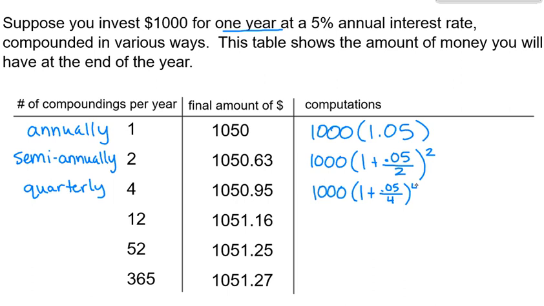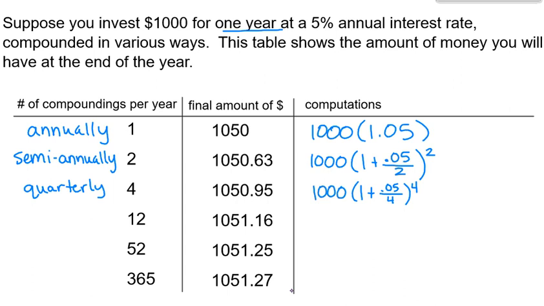So I'm going to raise that to the 4th. That's $1,050.95. So still only 1 year, still starting with $1,000, still 5% interest, but 95 more cents than the original once per year, and 32 more cents compared to semi-annually. So the more compoundings per year, the higher return you get.